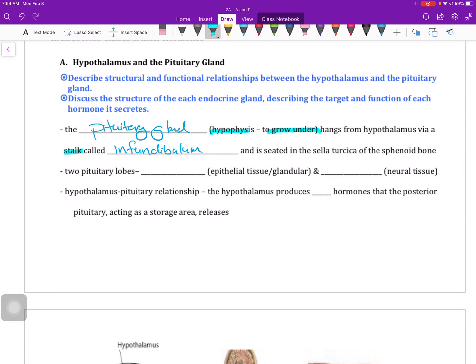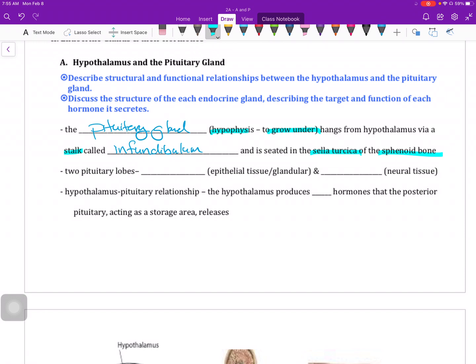And it is seated in the sella turcica of the sphenoid bone. Now, we talked about that. That's the little saddle that the pituitary gland rests in, and we saw that when we were looking at the sphenoid bone. I think it was a bonus question when we did the bone practical.